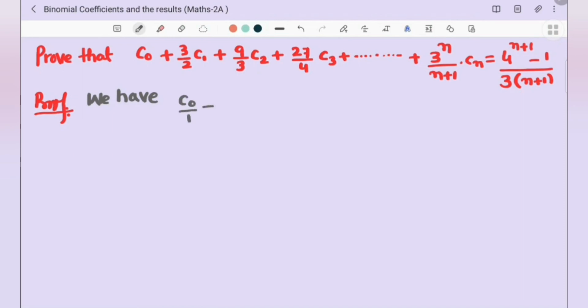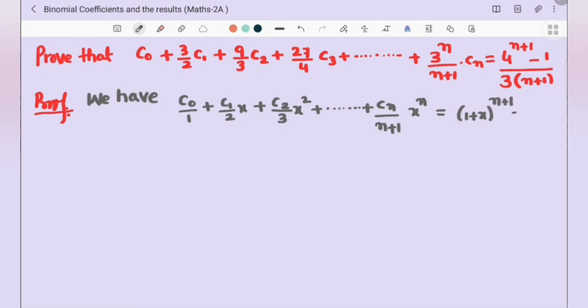C0 by 1 plus C1 by 2 into x plus C2 by 3 into x square plus and so on, Cn divided by n plus 1 into x power n is equal to 1 plus x whole power n plus 1 minus 1 divided by n plus 1 into x.